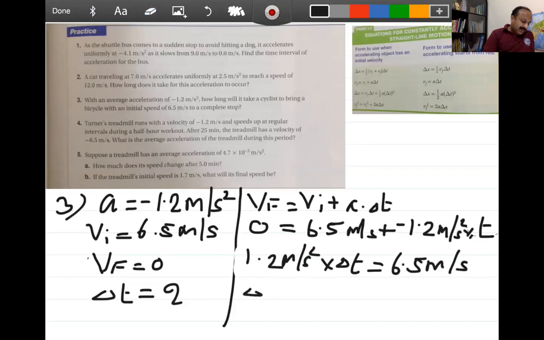So delta t will be equal to 6.5 meter per second divided by 1.2 meter per second square.